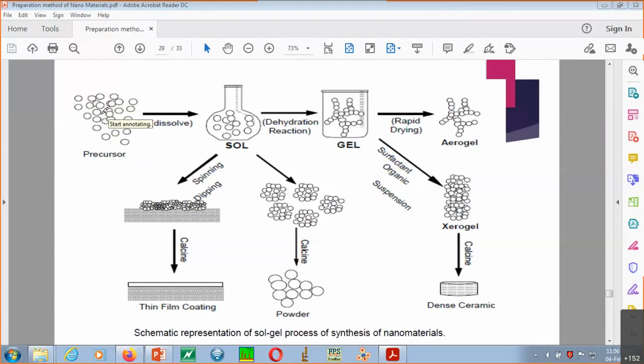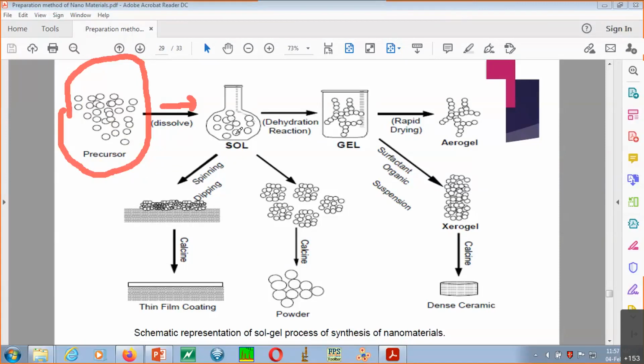So look here. This is the precursor, fine. That means the primary component or the bulk material, which is in the millimeter range or something. Then you have to dissolve it, जो दिख रहा है यहाँ पे, in some liquid. That liquid may be distilled water, deionized water, or alcohol. So depending on the material, कि वो dissolve होता है कि नहीं होता है, accordingly one can choose the liquid.